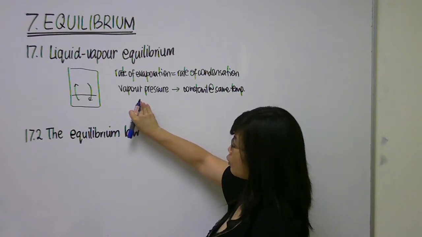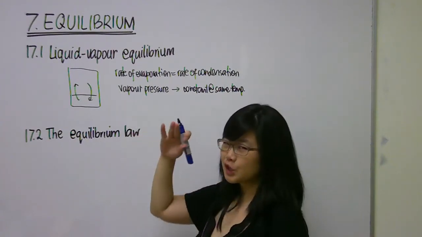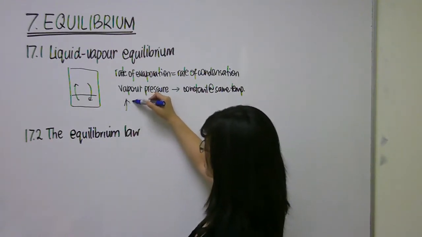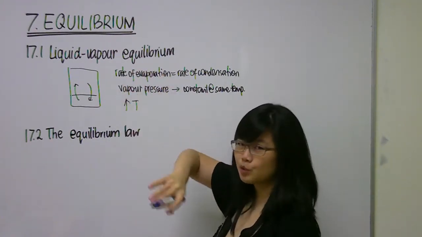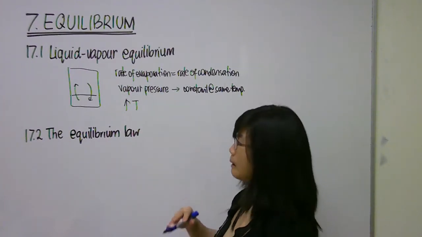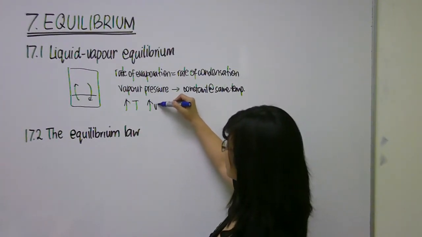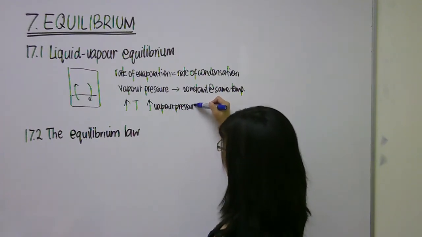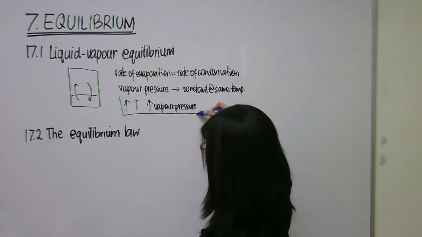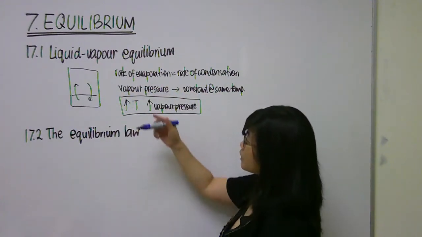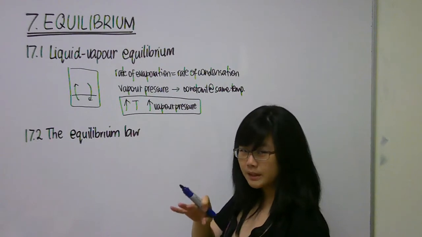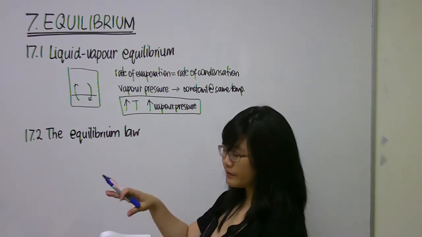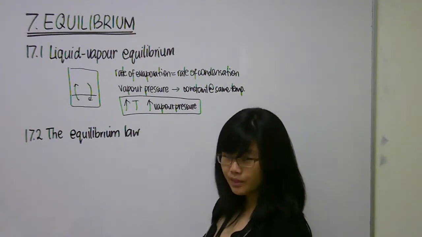And also how vapor pressure increases with temperature. Because as you increase temperature, the rate of evaporation will increase at the beginning, but that's already enough to increase the vapor pressure. Be careful when you're explaining this. When you increase temperature, the rate of evaporation only increases at the beginning. If you leave it, the system will again reach another equilibrium.